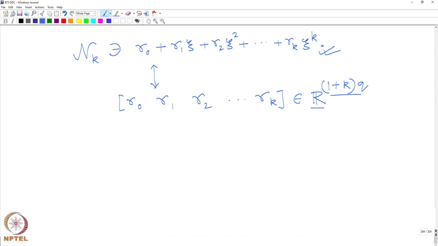Now I will not make a distinction between the two. Whenever I say that something belongs to Nk, I will automatically assume that it might be of this form or of this form, as is clear from the context. If it is not clear to you, just think about it, it should be.